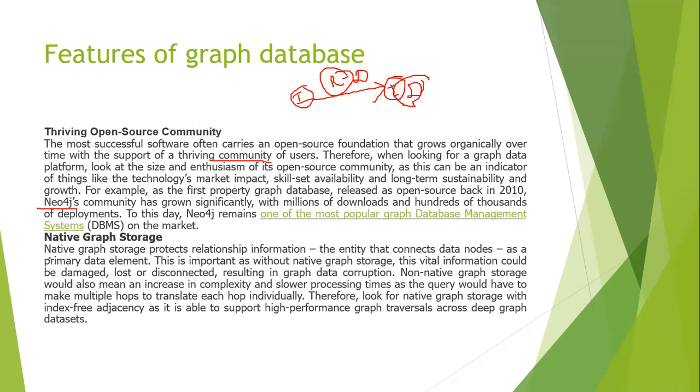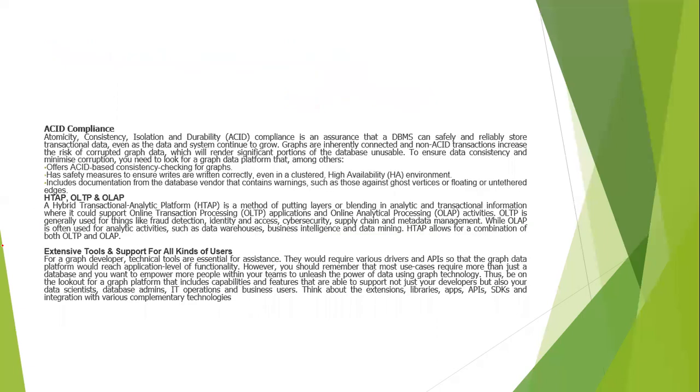That means by using native graph storage, we store the data as well as the relation. If you do not have native graph storage, it is very difficult to perform operations, that means transformations or any checks or any related issues to do with the graph. It may not be easy if you do not have native graph storage.